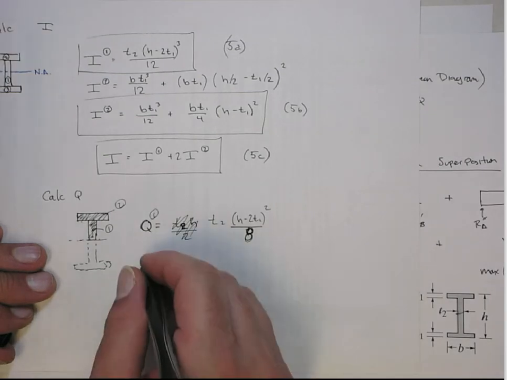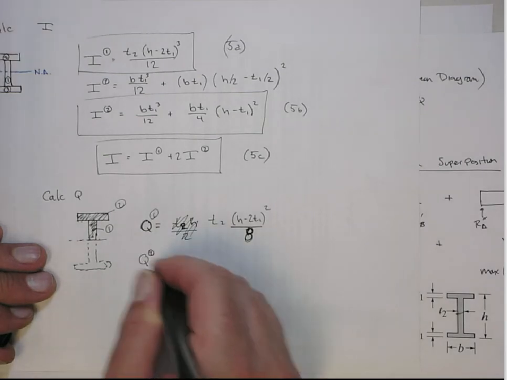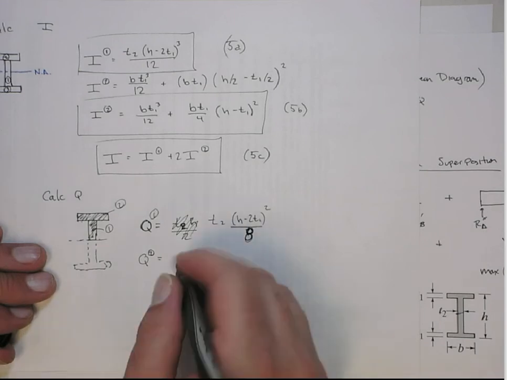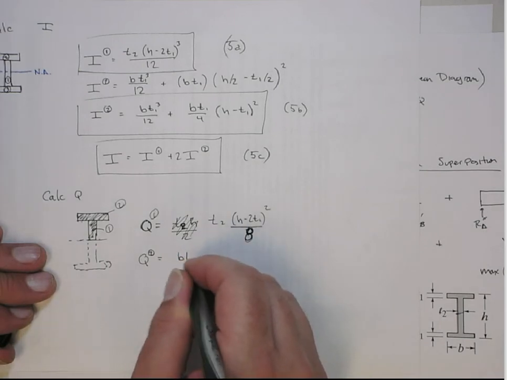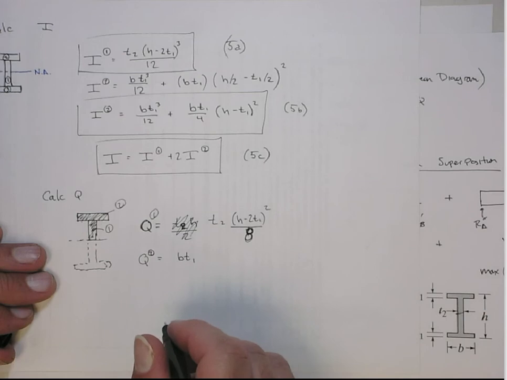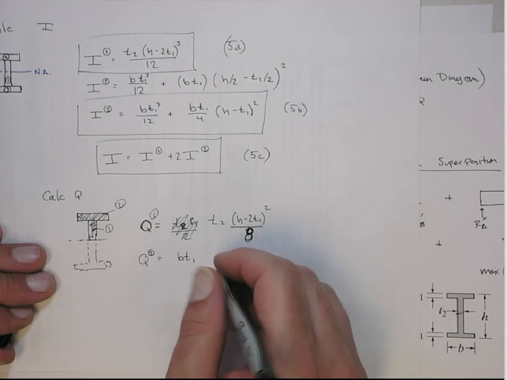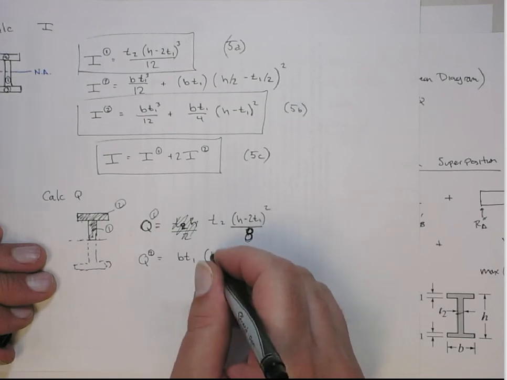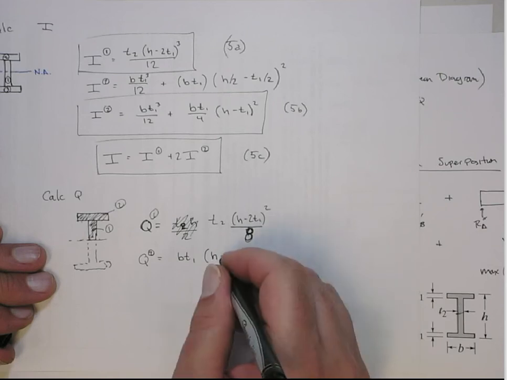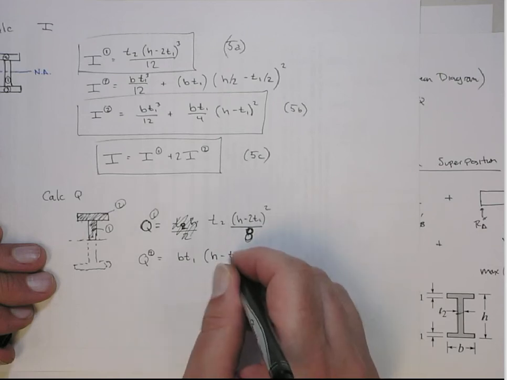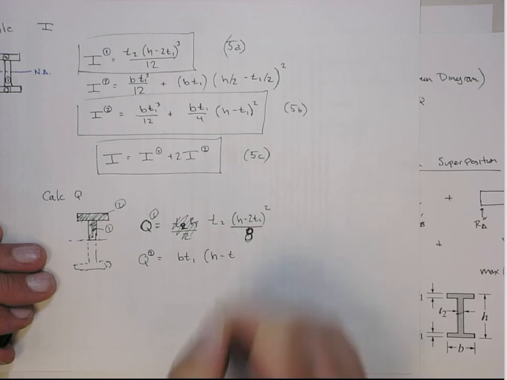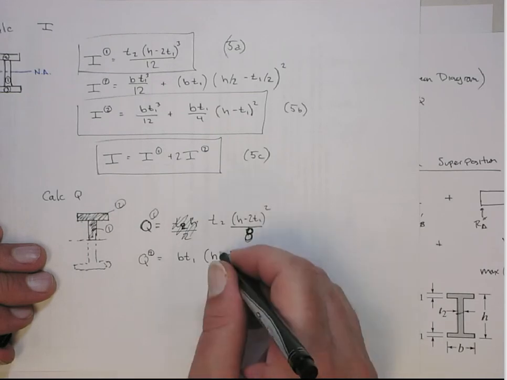Now we do the Q for shape 2, and its area is base times T1, and the distance is going to be H minus T1 on 2. This is H on 2, right?